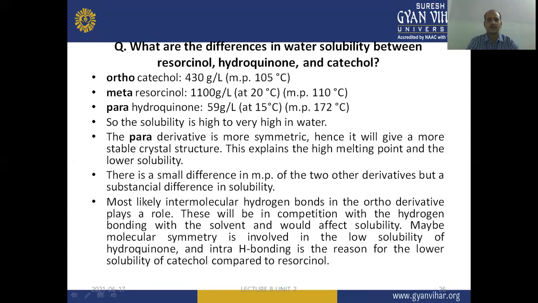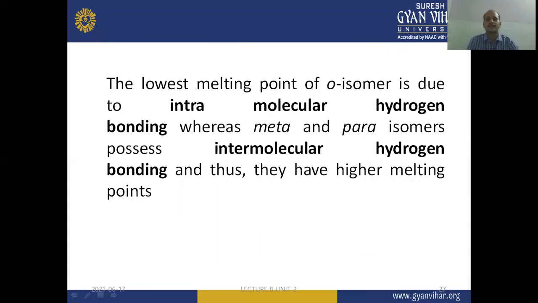So when we go through the different ortho, meta, and para derivatives, we can deduce the solubility of different compounds with their melting points. The lowest melting point of the ortho isomer is due to intramolecular hydrogen bonding, whereas meta and para isomers possess intermolecular hydrogen bonding, and thus they have higher melting points.